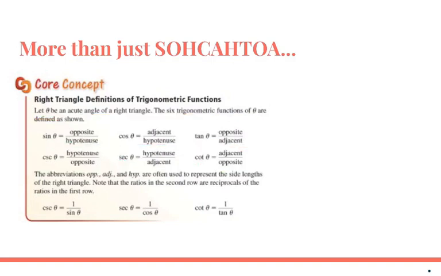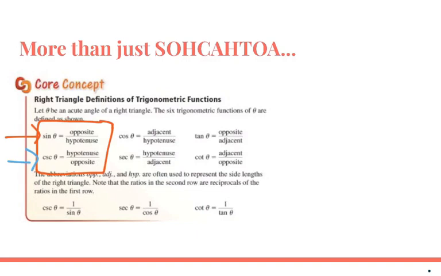Now, you might notice that they are just reciprocals of the one that they sort of pair up with. So if we look at sine is opposite over hypotenuse, well, cosecant is just the flip-flop. It's just hypotenuse over opposite. So you just take the fraction and flip it. So when we do these in right triangles, you're going to do them the exact same way we do SOHCAHTOA.